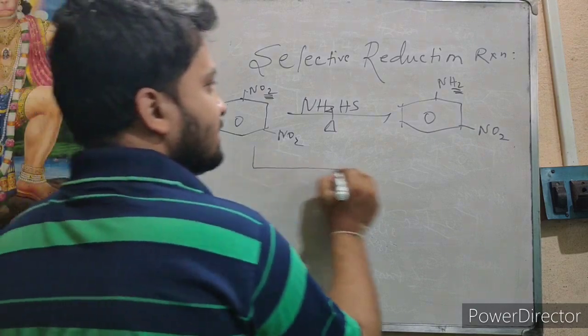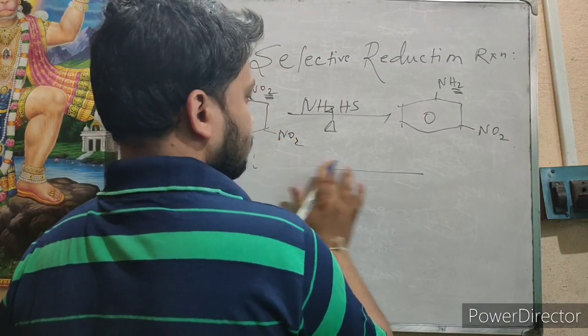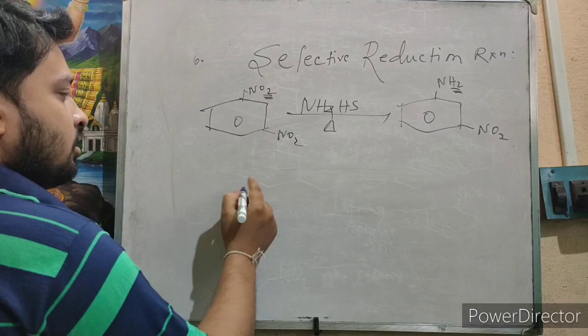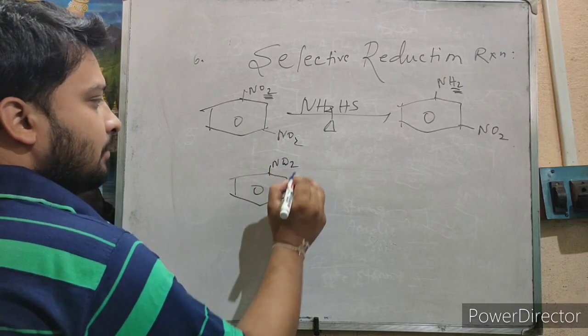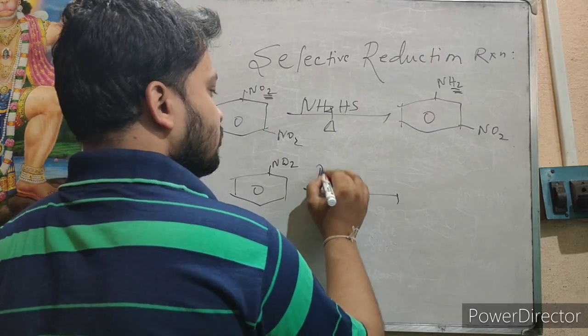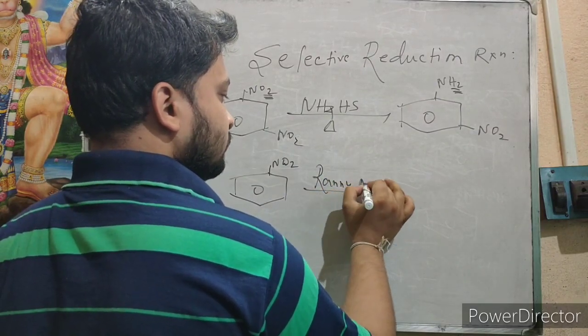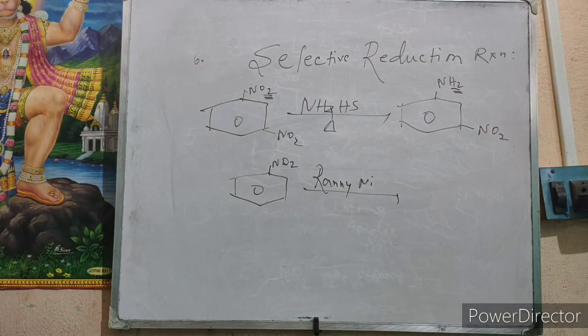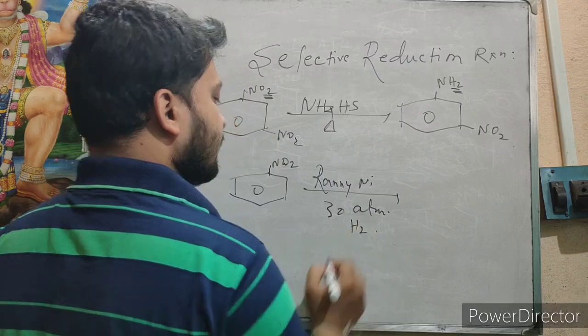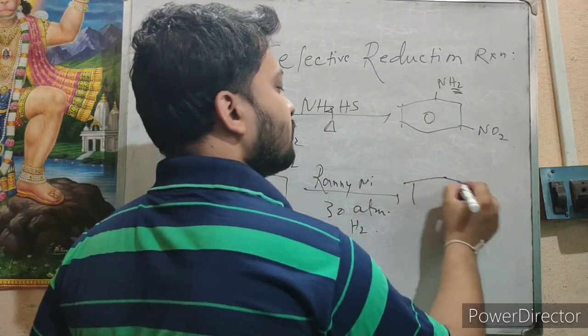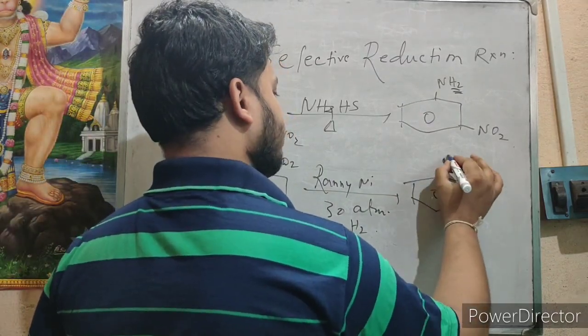Or you can use, if you have nitrobenzene, Raney nickel at 30 atm H2, then you can also prepare aniline.